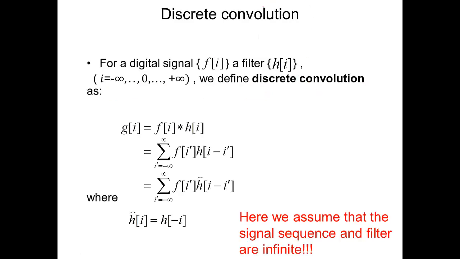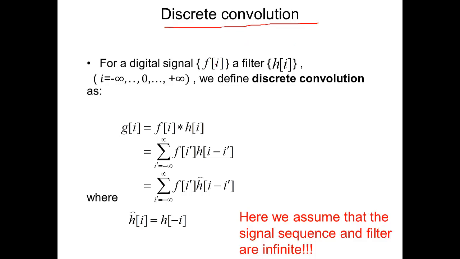In order to understand the basic idea of spatial domain noise reduction technology, we need to know some basic concepts. The first one is called discrete convolution.